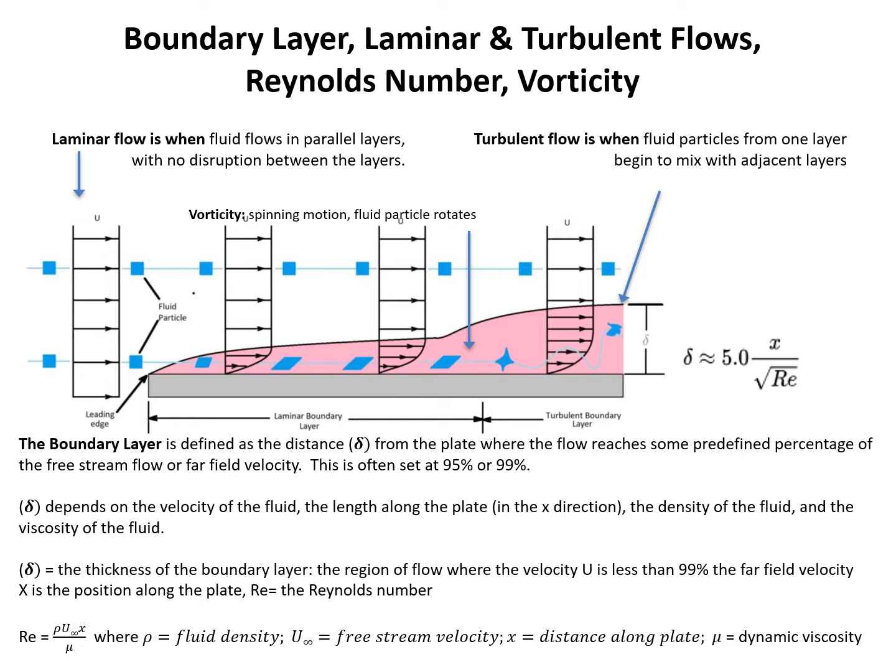The Reynolds number is given by the density of the fluid multiplied by that free stream velocity multiplied by some characteristic length, so how far along the x-axis you're looking, divided by the dynamic viscosity.